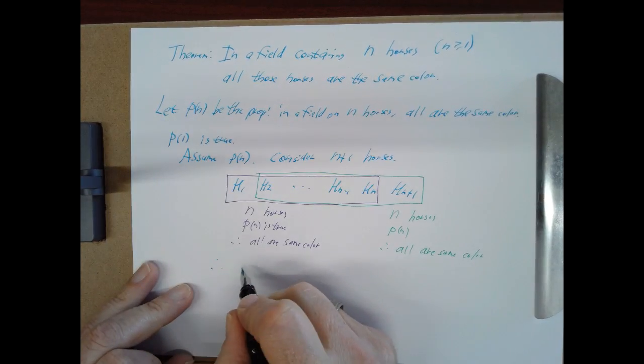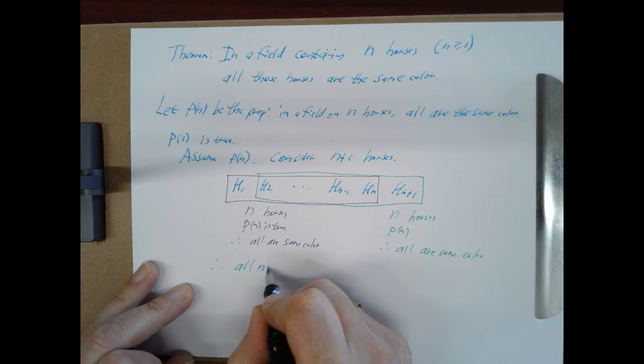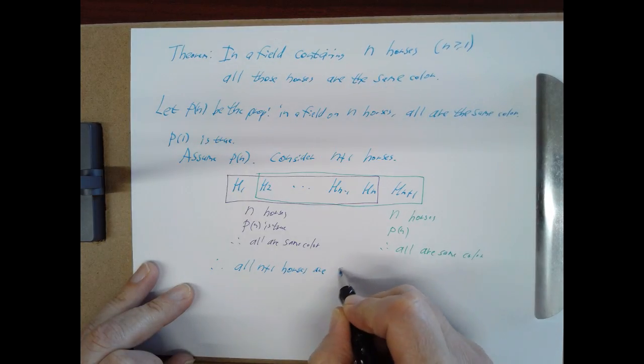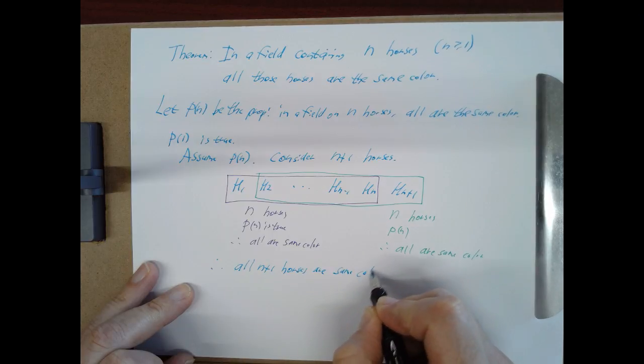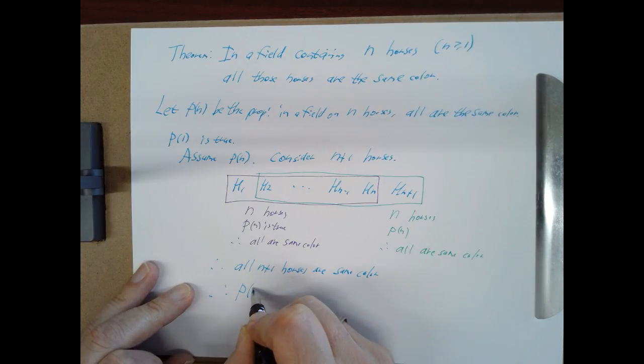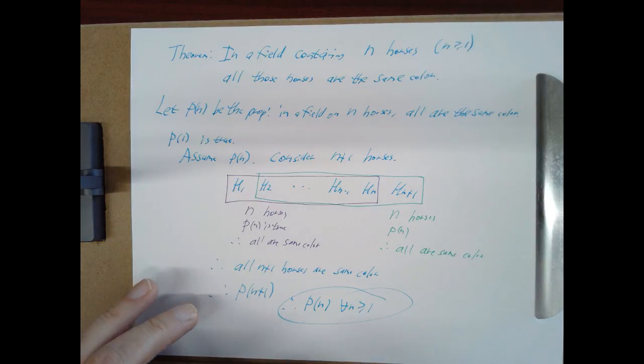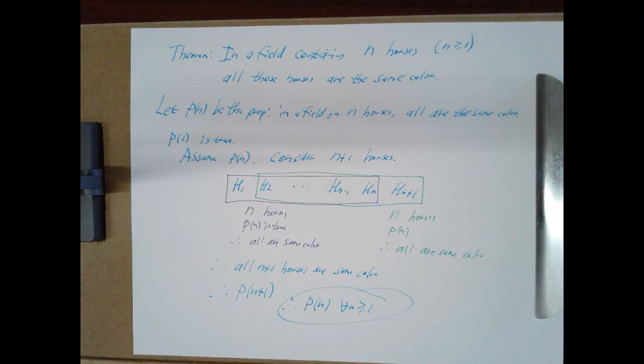Therefore, all n plus 1 horses are the same color. Therefore, P of n plus 1 is true. And therefore, by mathematical induction, P of n holds for all n bigger than or equal to 1. So all horses must be the same color.